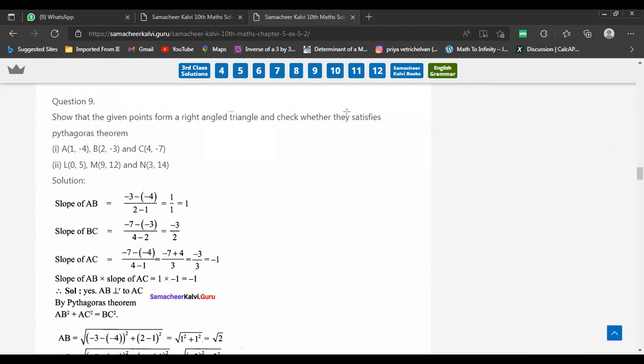When two lines are perpendicular to each other, the product of their slopes must be equal to minus 1.